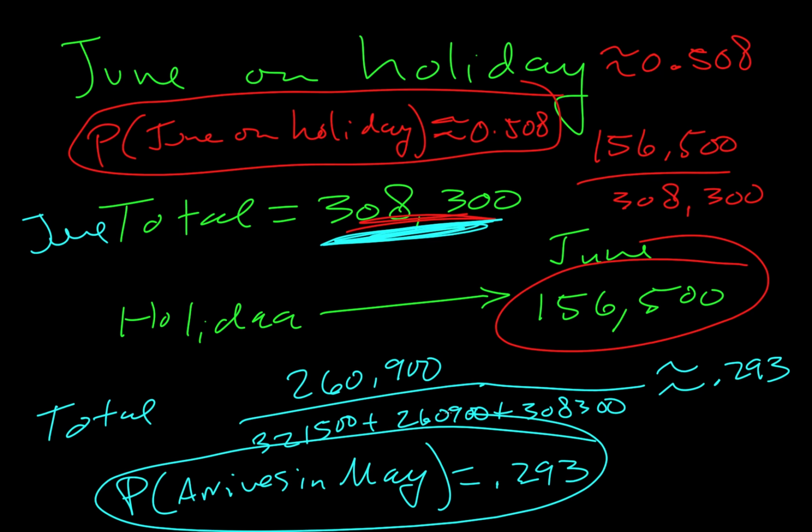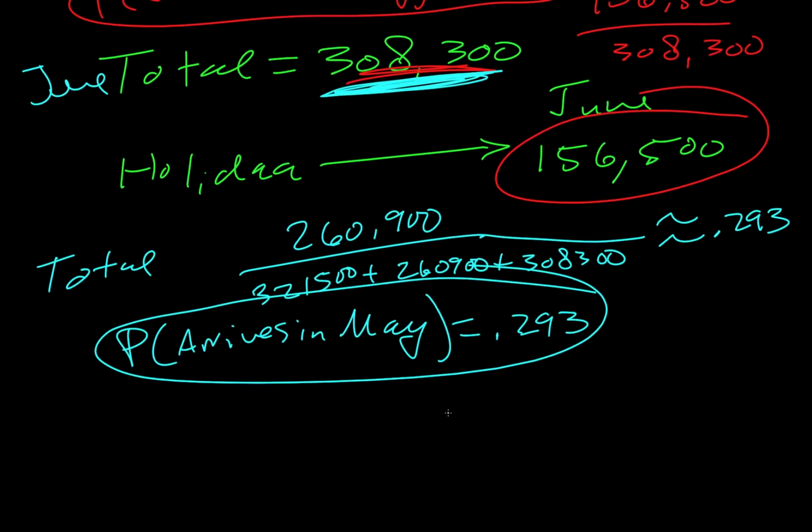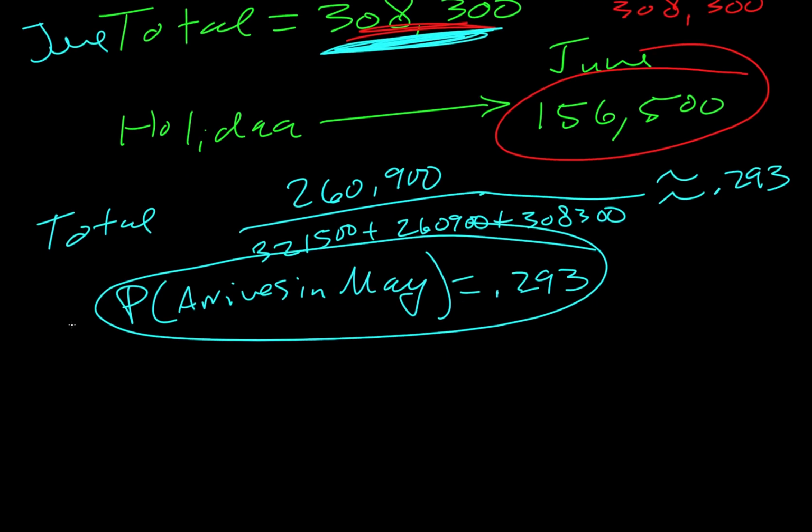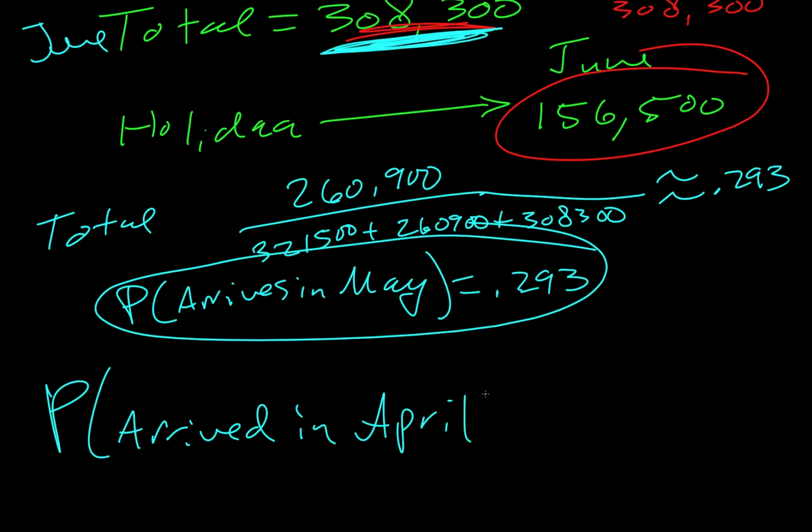Okay, now part C. It says Lars arrives in Australia in April, May, or June 2018 to visit his brother. Estimate the probability that he arrives in April. So, probability arrived in April. So we have to take a couple things into account.